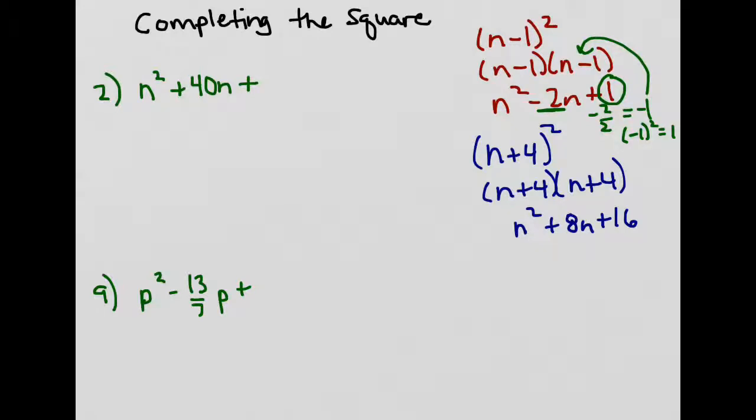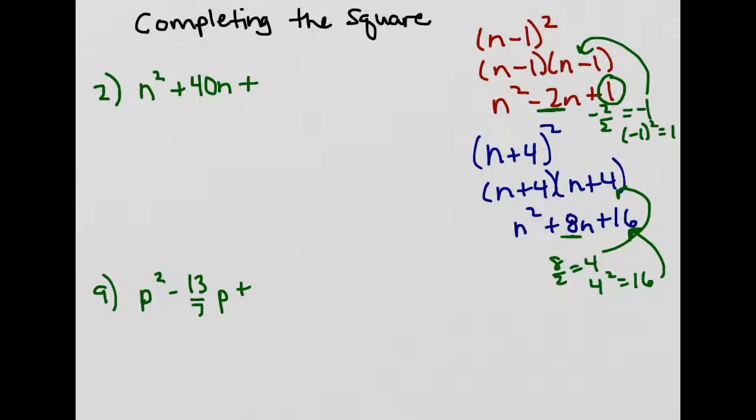We can do the same thing down here. If I take my b term, 8, and divide it by 2, I get 4. 4 is my factor, and when I square 4, I get the constant that is added to the end of my expression.